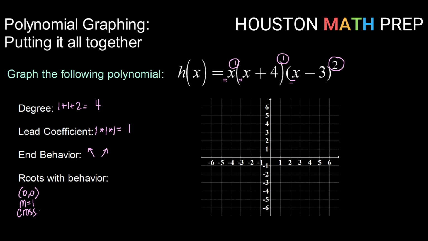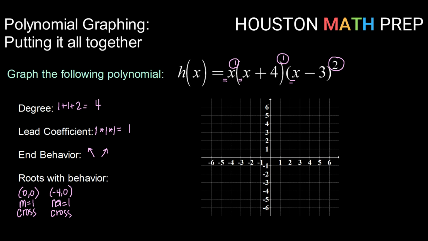Odd multiplicity crosses. Taking my second factor of x plus 4 and setting that equal to 0, I get a root of (-4, 0). Looking to the exponent for multiplicity, I once again have a multiplicity of 1. Odd multiplicity also means cross.